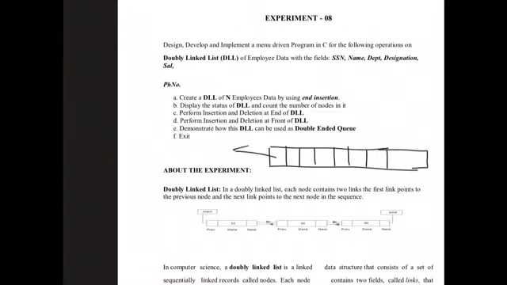This would be your previous, this would be your next, and then this is your SSN, your name, your department, your designation, your salary, and then the phone number. These are all the things that will be there, and obviously there will be two directions since it is a doubly linked list. This is one particular node, and this is what you have to create first.